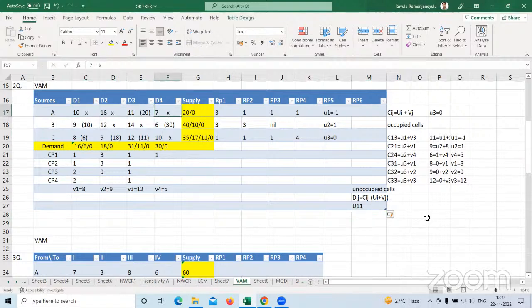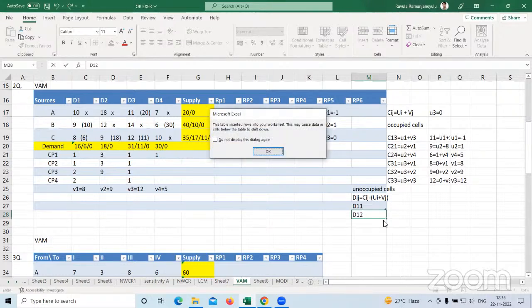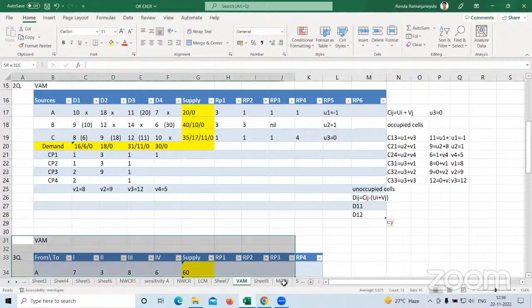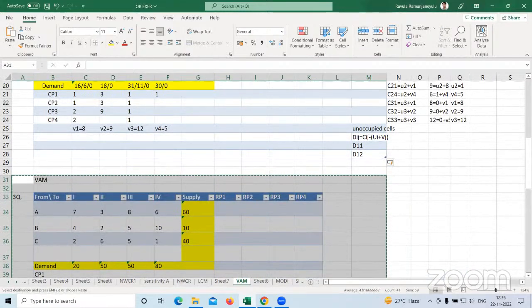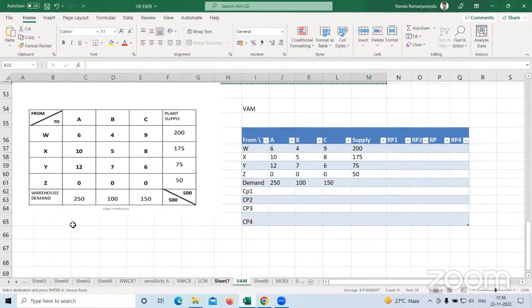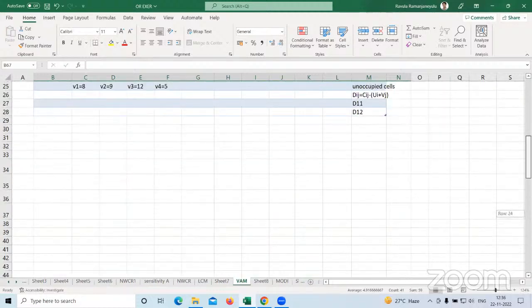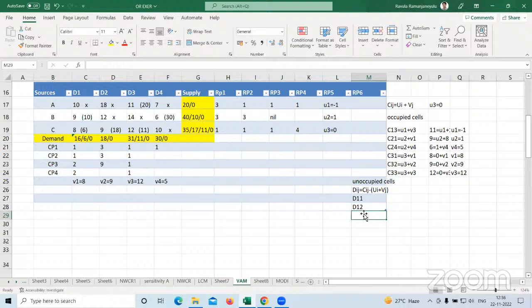In the first row there are 3. That is D11, D12, D14.